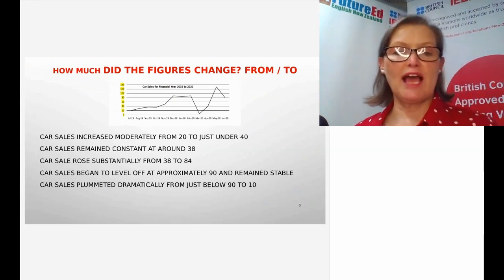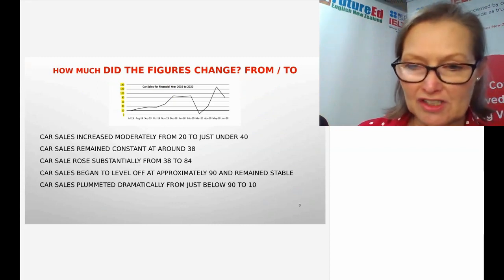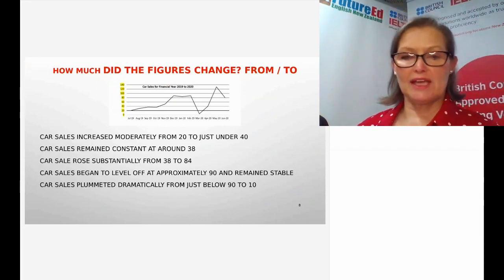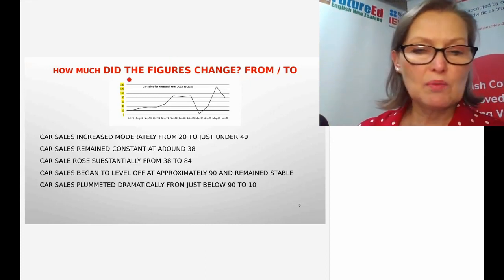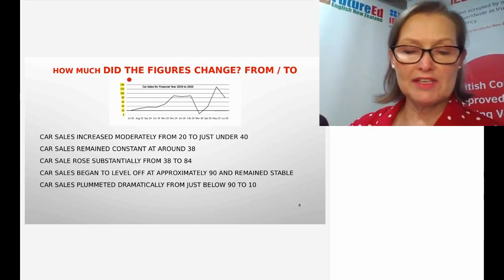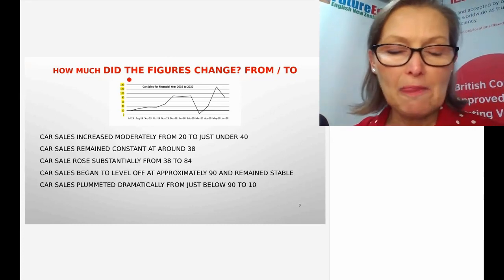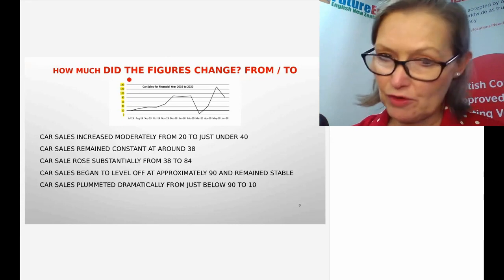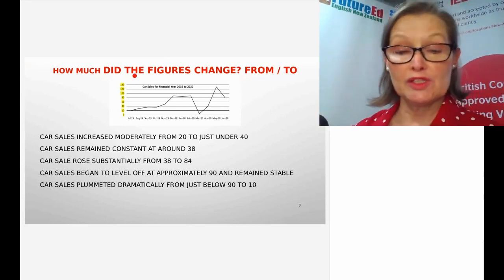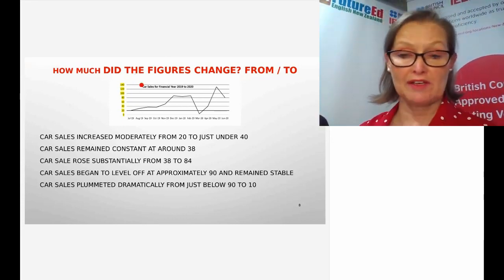Now let's have a look at how much my figures changed. And here we're going to be talking about our units. What I'm doing with these notes is building up small chunks of language, and there are a few more we're going to do, and then we're going to start putting them all together.